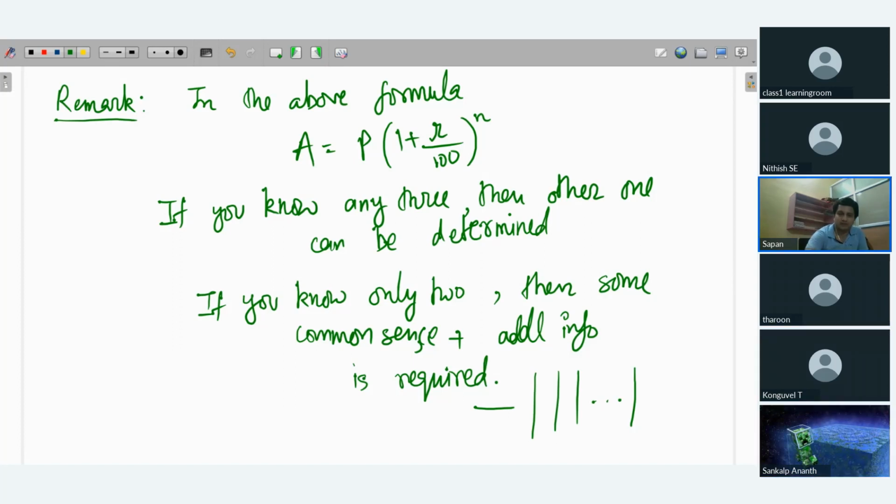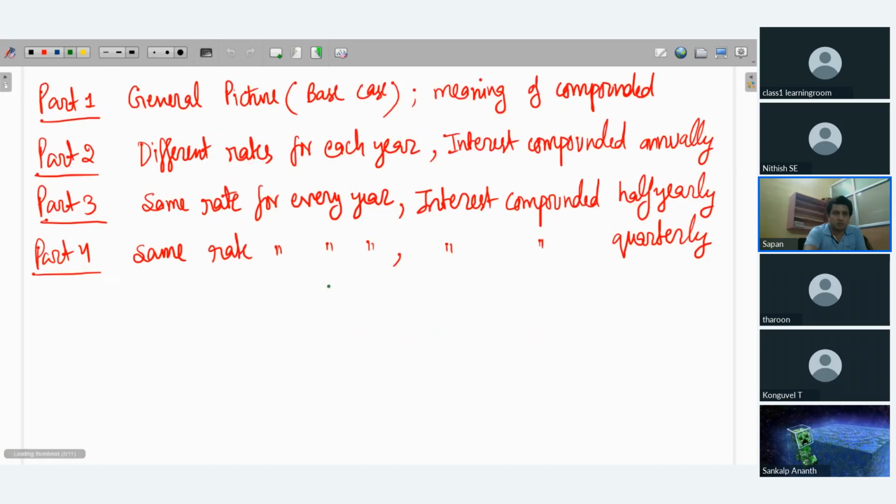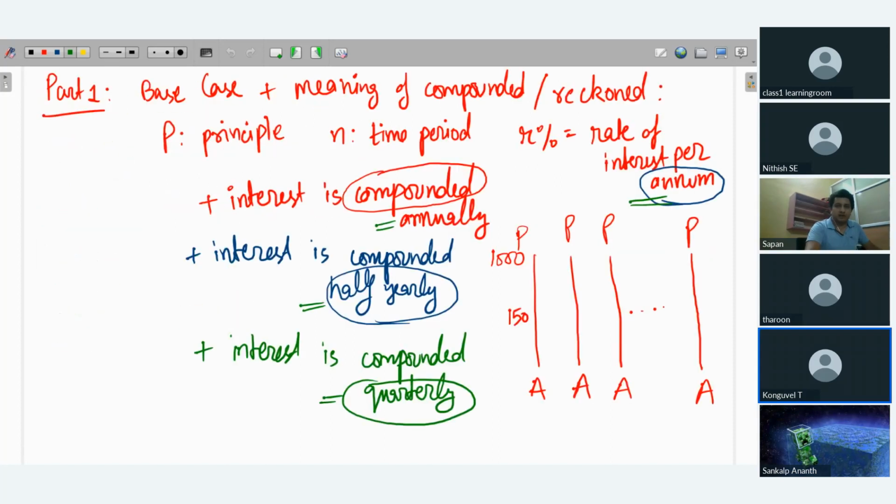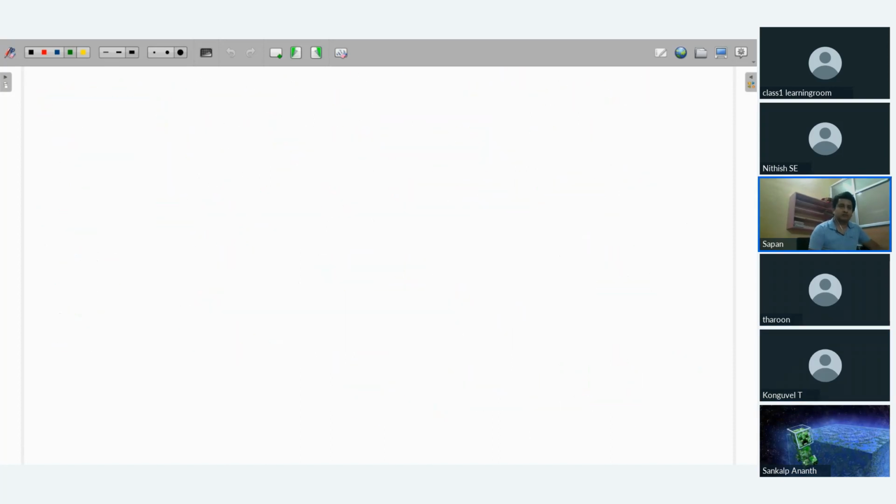Understandable till now? Very good. Now let's look at part 2. Different rates for each year, interest compounded annually. So what is the situation?